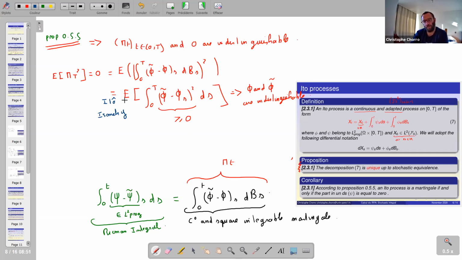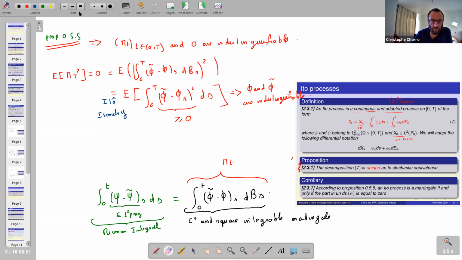So I have here the expectation of the integral of something that is positive. When it is equal to 0, it means that what I have inside is 0 with respect to the product measure. That is exactly the definition of this indistinguishability.